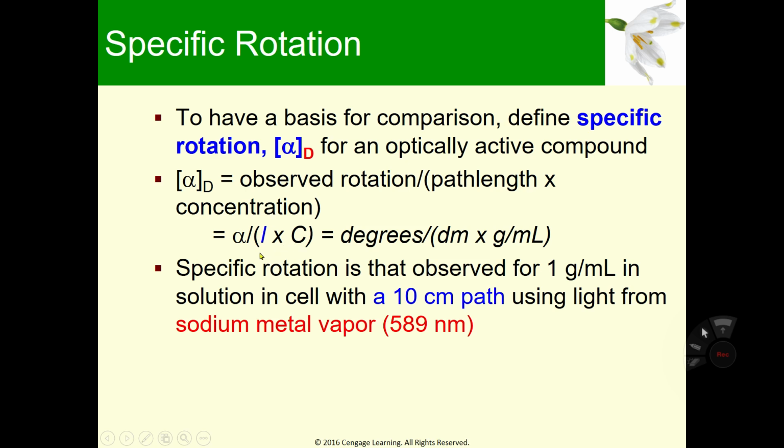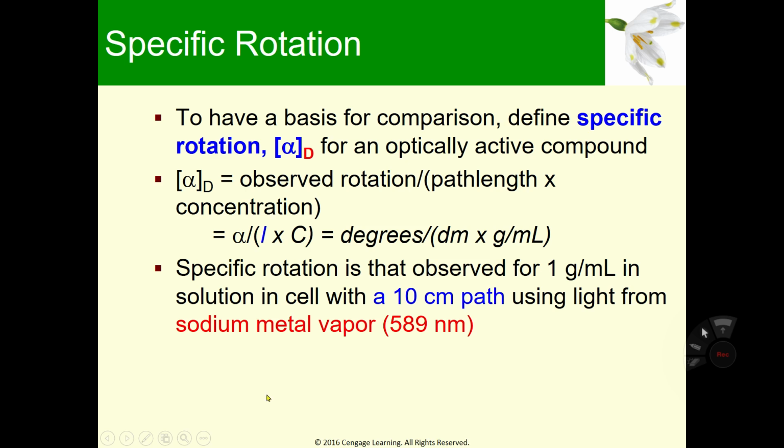So specific rotation means rotation divided by path length and concentration. So specific rotation is the rotation per unit path length and unit concentration.